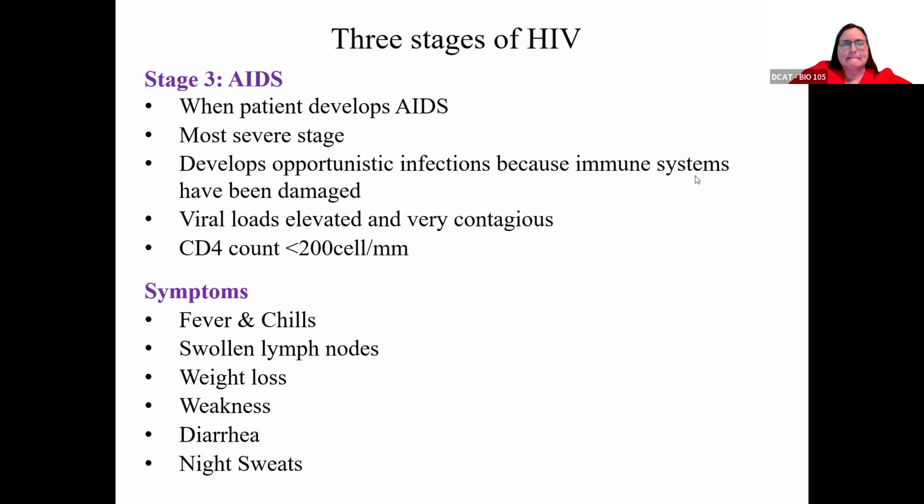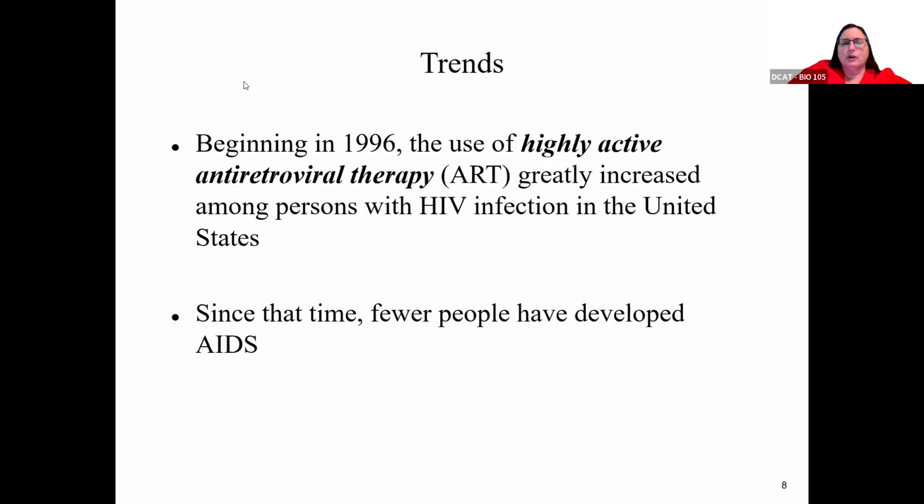All right, so there were some trends that began in 1996 with the use of highly active antiretroviral therapy. And this greatly increased survival among people with HIV, and this allowed people with HIV to live longer, okay?